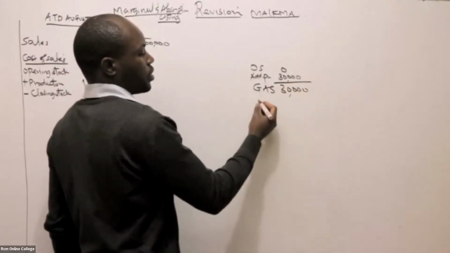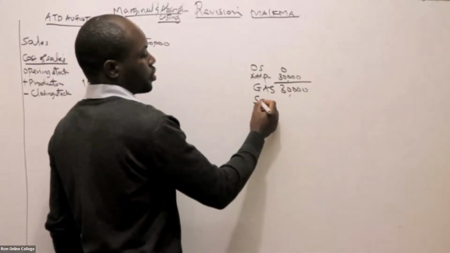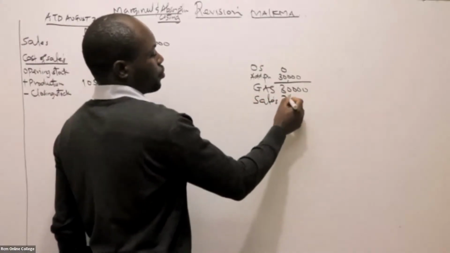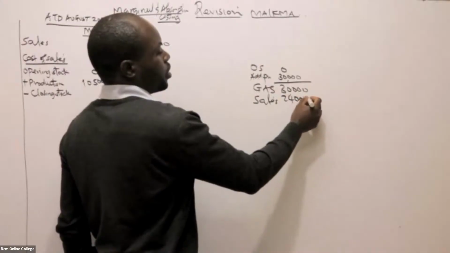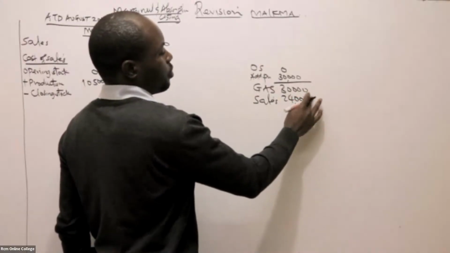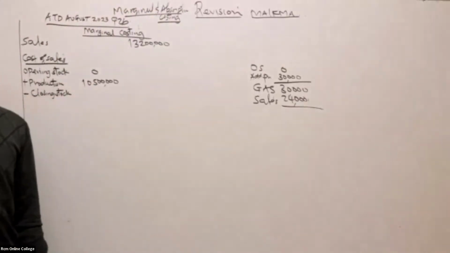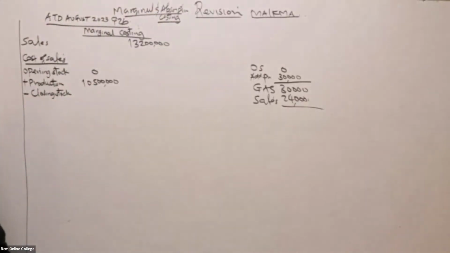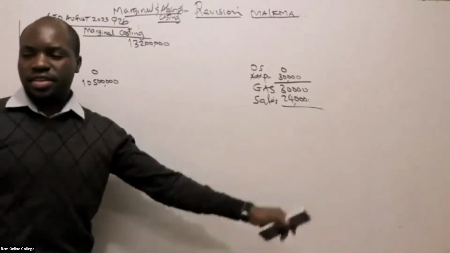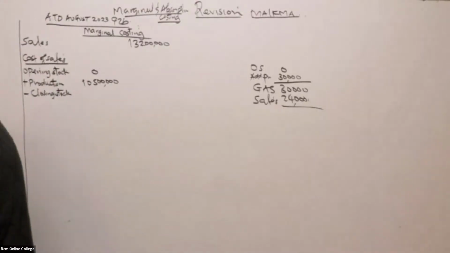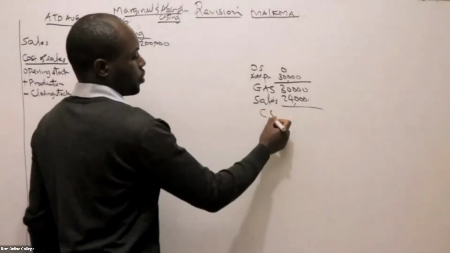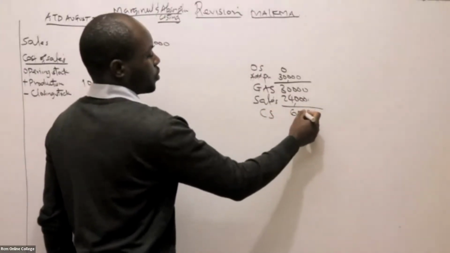Only to find out that goods that were sold is equal to 24,000. Where did they take the remaining 6,000? You have 30,000 units to sell, but you only managed to sell 24,000. So whatever is remaining will be your closing stock, right? So our closing stock is equal to 6,000.